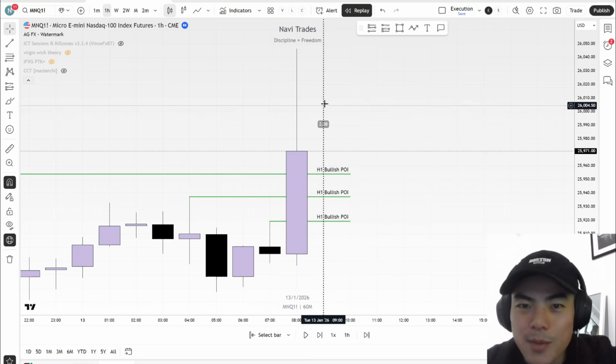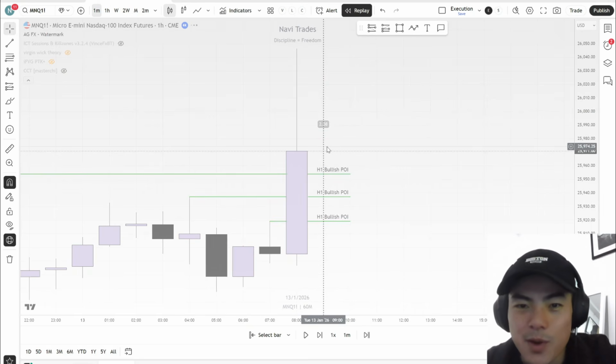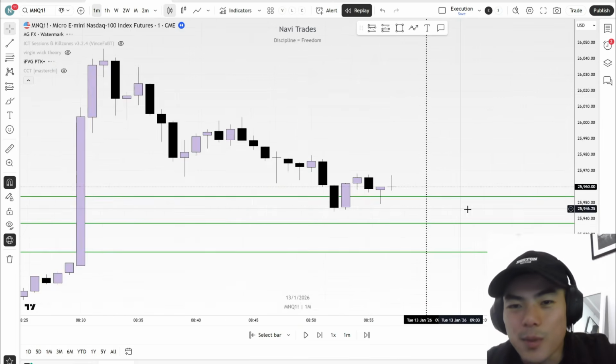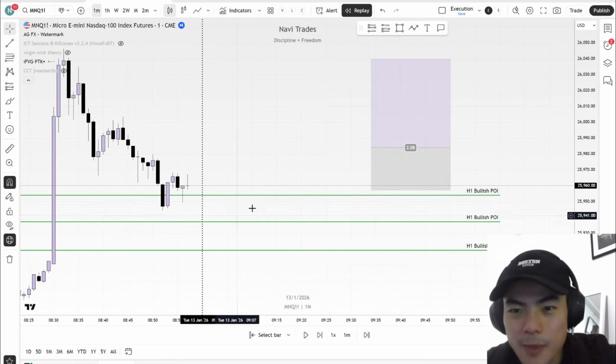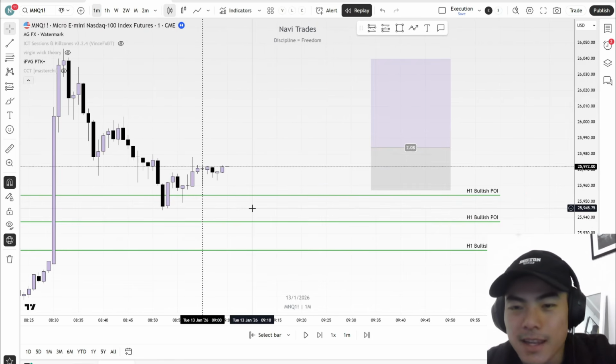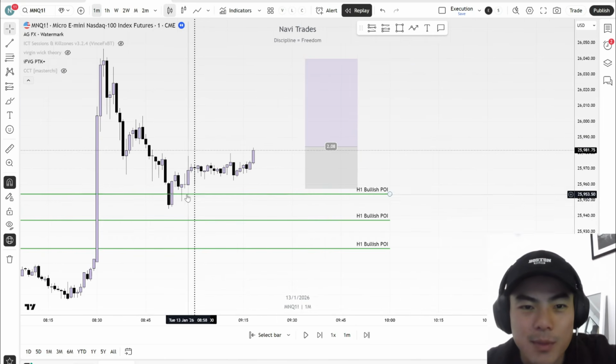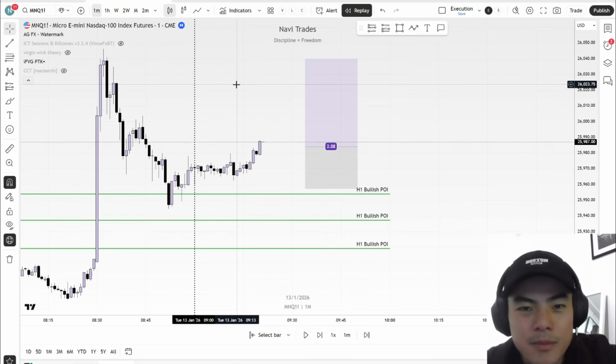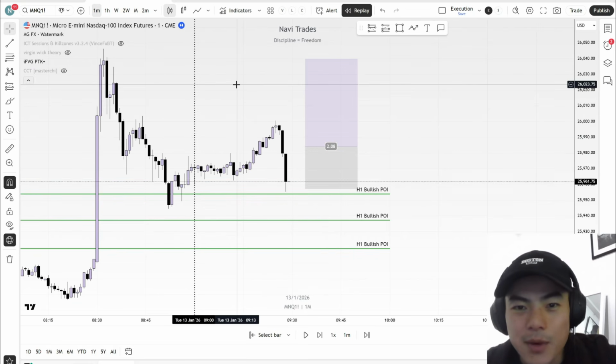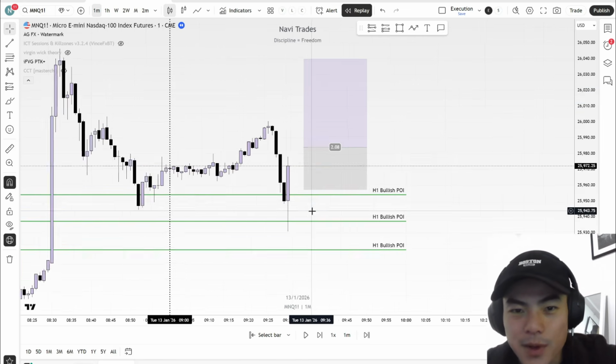Then from 9 a.m., you can drop down to the 1 minute time frame. Look for the POIs to get engaged and then enter a long. So the candle opens 9 a.m., not much happens, just chopping around. Haven't engaged any POI yet. Boom, first POI gets engaged.